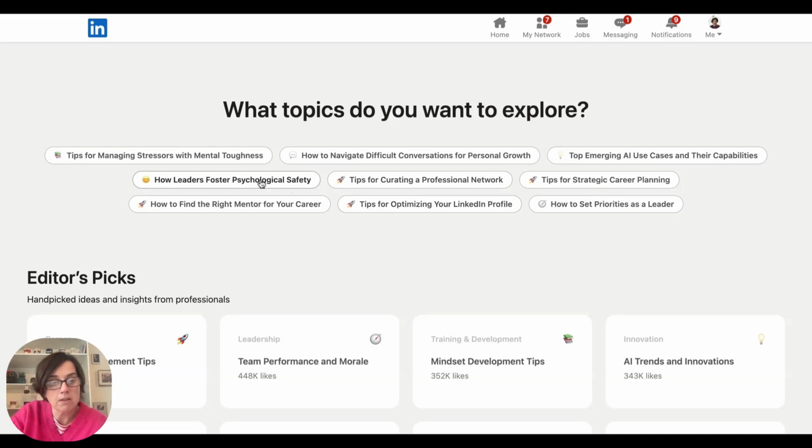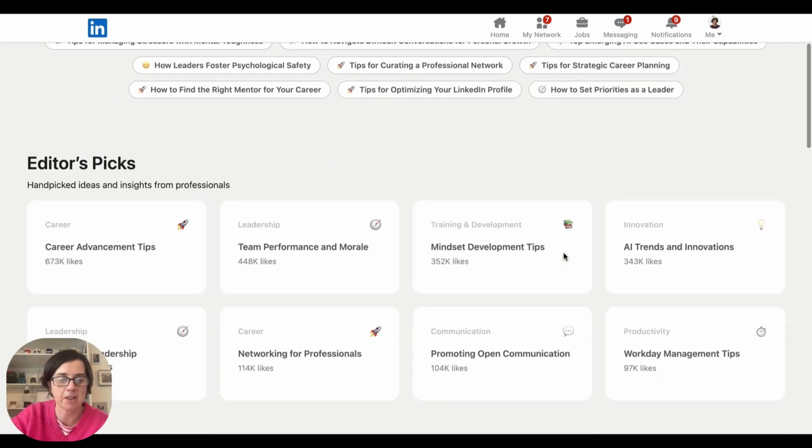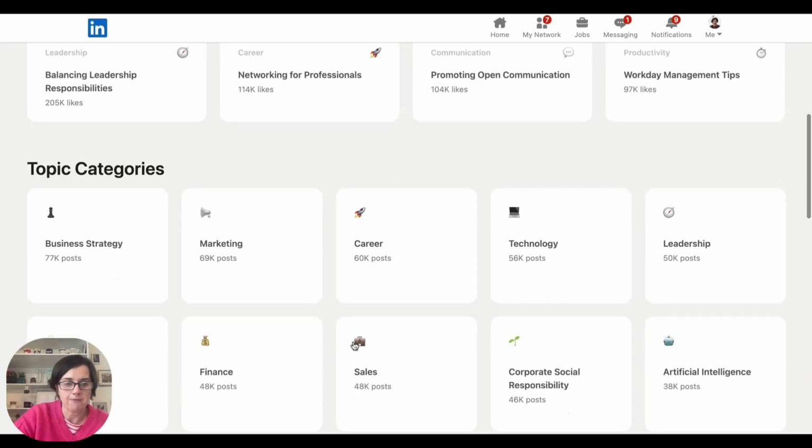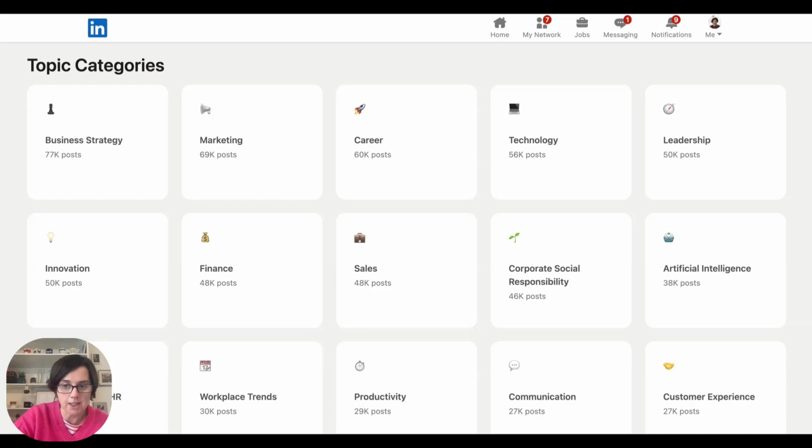Now I know this is interesting because I got an email from LinkedIn news editors talking about psychological safety. So are they setting these topics at the top? How to find the right mentor for your career. Editor's picks, career advancement tips, team performance, mindset development, workday management, networking for professionals, top categories.